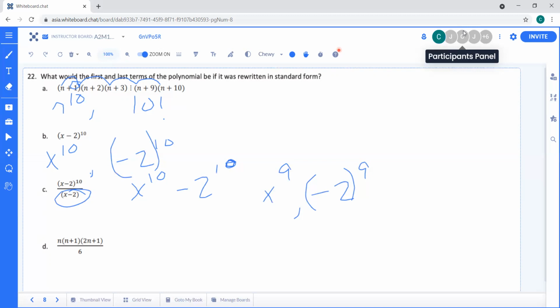Okay. Now let's look at this one. The easiest thing for D is probably going to be, this is going to be n squared times 2n. So that's going to leave you with 2.